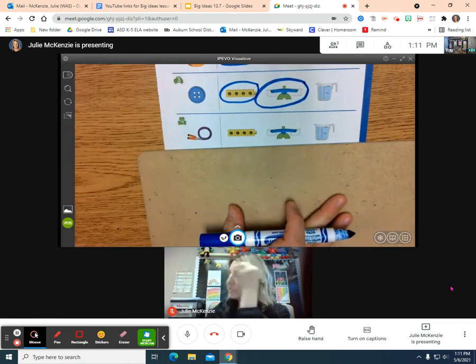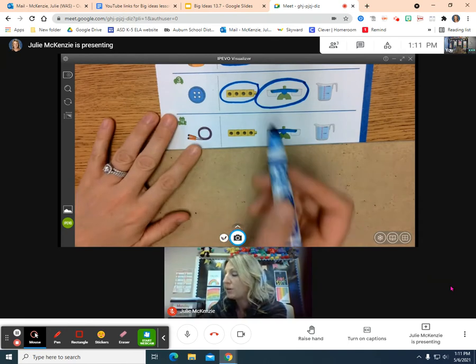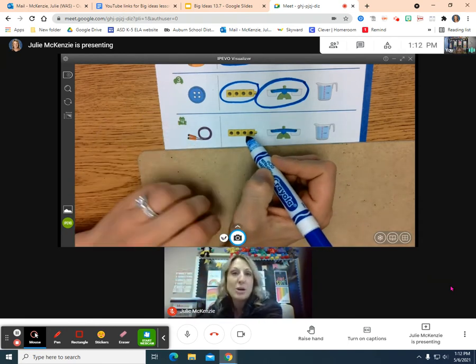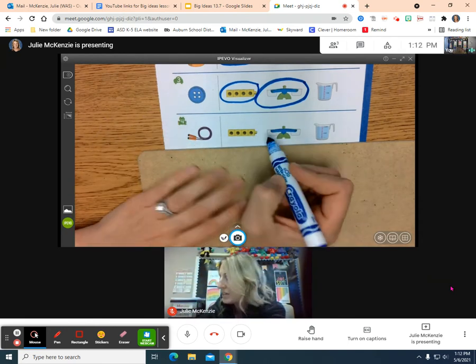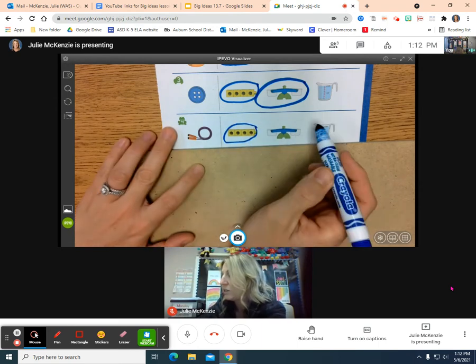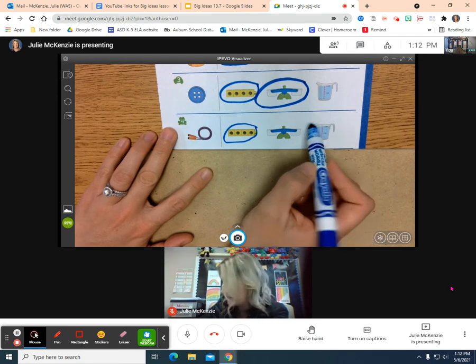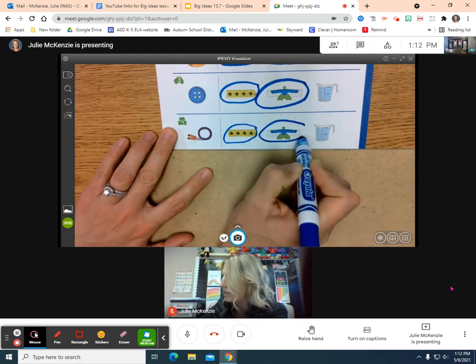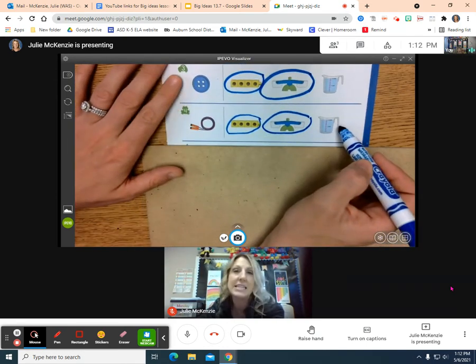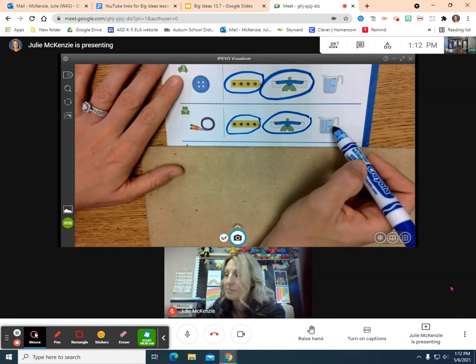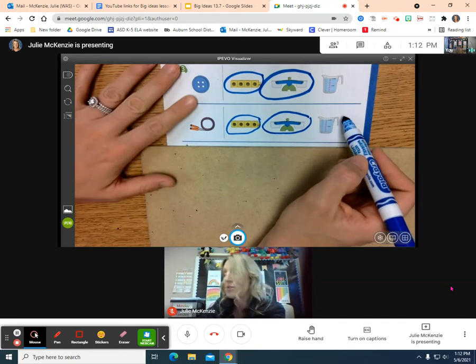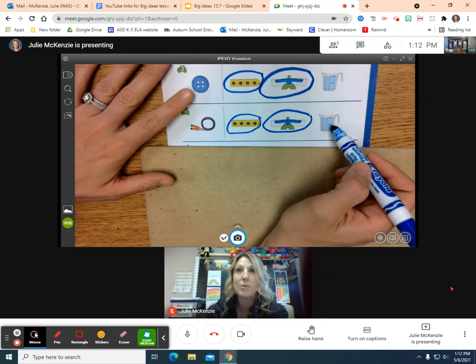All right, a jump rope. Could we measure the length of a jump rope? Yes, we could. Could we measure the weight of a jump rope? Yes, we could. Could we measure the capacity of a jump rope? No, there's no capacity. We can't fill the jump rope up with anything.